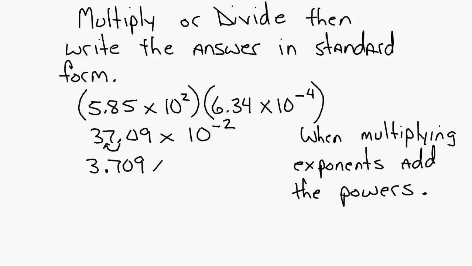Okay? Times 10. Now, did we make this number right here bigger or smaller? We made it smaller, right? You took it from 37 to 3.7. So you made it smaller. If you make the number smaller, you have to make the power bigger. So this goes 10 to the negative first.